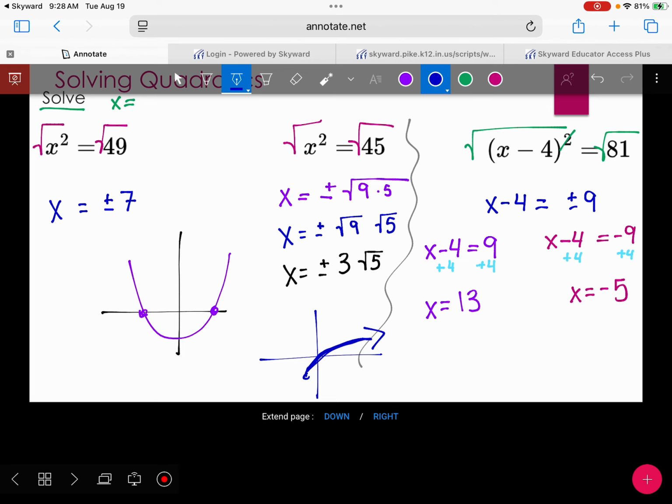Square root functions, we could have our extraneous, which would be where it was the other side of the parabola, that kind of guy. So it's 100% valid to check, but we're really only going to see those when we start getting into things like rationals or square roots as our expression. Which we will see eventually, but not right now.